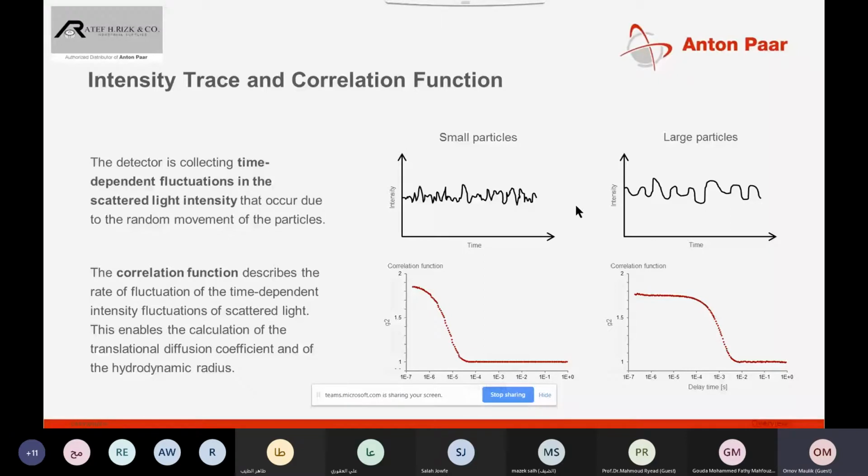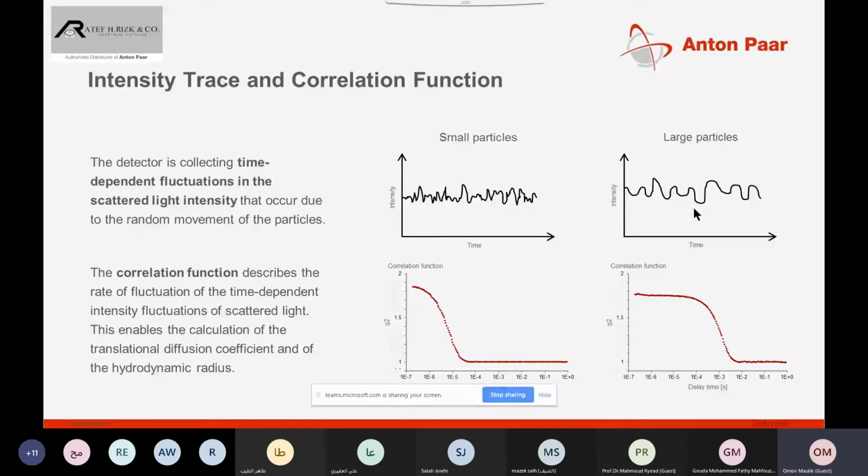Because smaller particles are moving fast, the scattering fluctuation would be very fast. Although in case of large particles, because the speed of movement is very low, the scattering fluctuation would be slower.